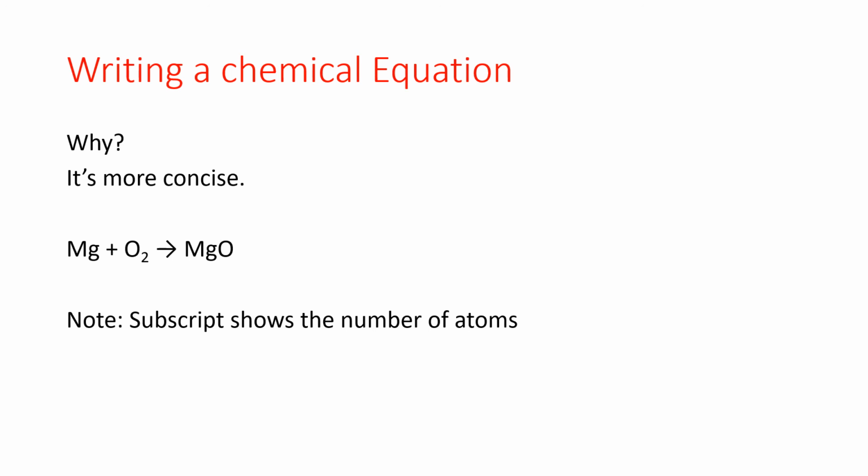The subscript 2 represents the number of atoms, that is oxygen atoms, that are taking part in this reaction. So here you have 2, but in the products you do not have 2. So is this equation balanced? No, the equation is not balanced. So in the next session, we'll see how to balance chemical equations. Thank you.